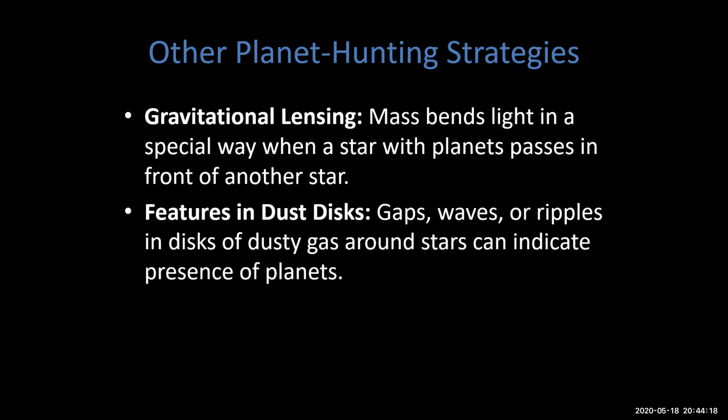There's also a process known as gravitational lensing, which literally requires stars to align in order to detect planets. So this one cannot be done on purpose. This is just a pure accident of nature. But when it happens, it allows us to detect the presence of a star or of a planet around a star.